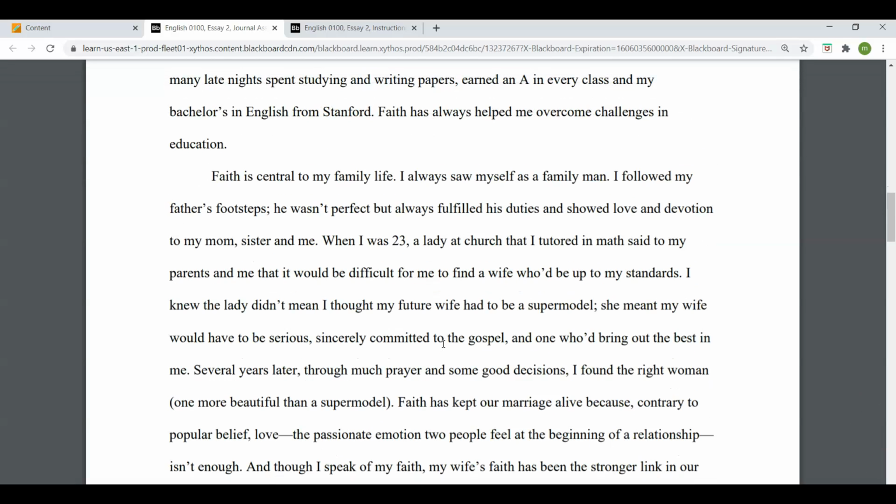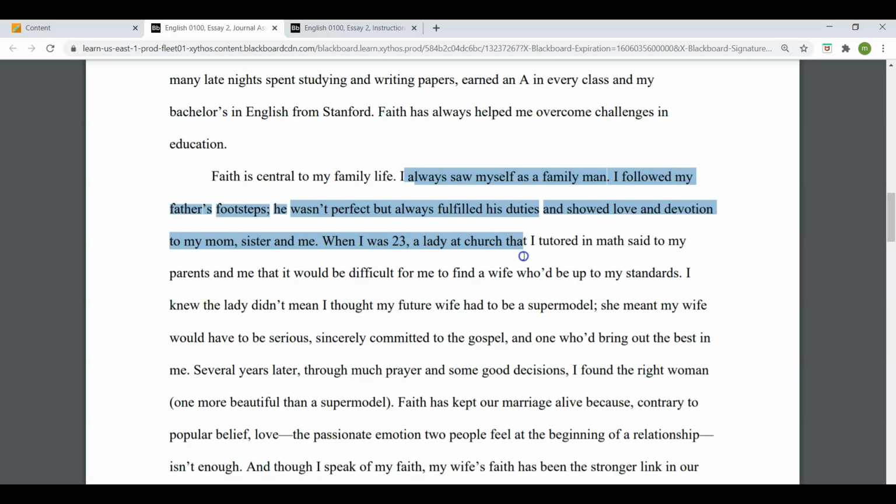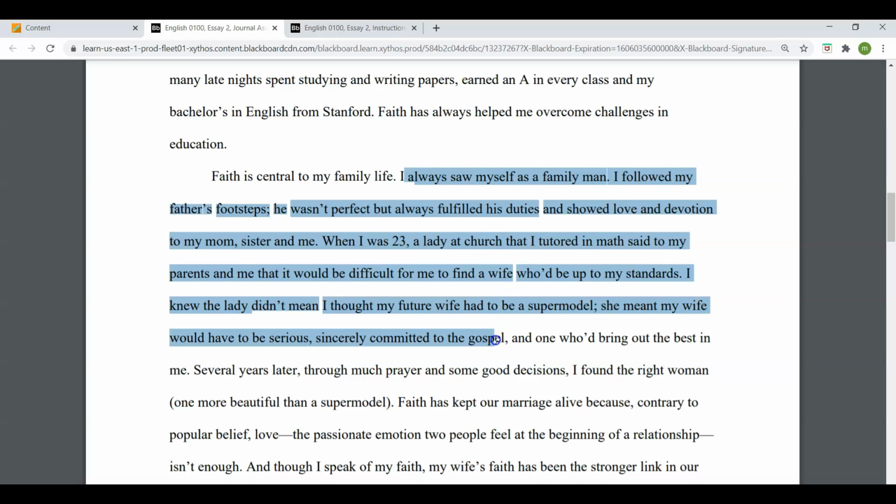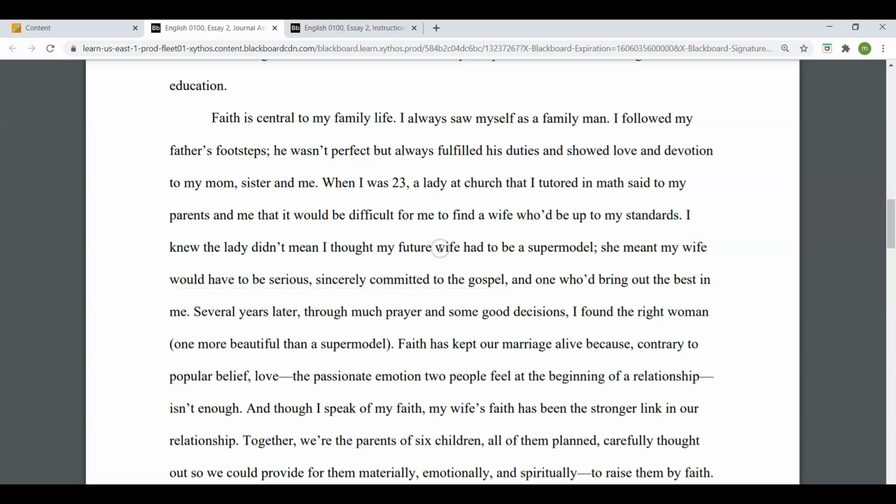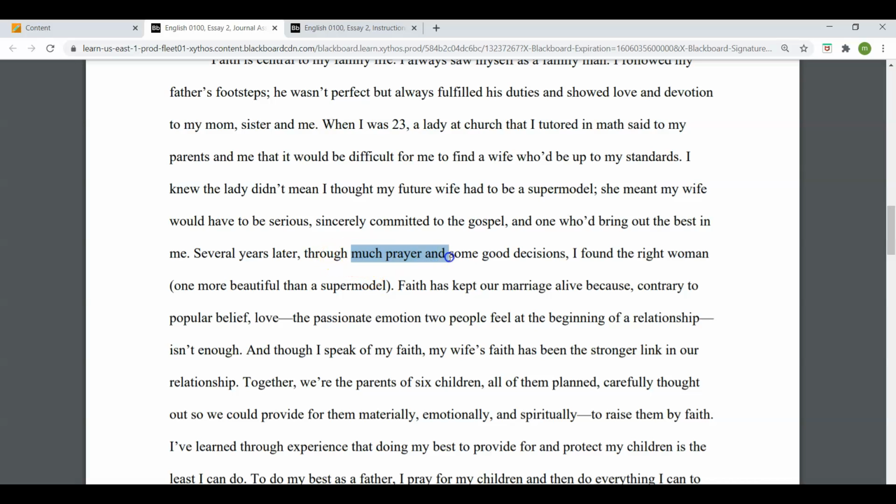In this one, similar thing, family, right? I always saw myself as a family man, following my father's example. Somebody told me it would be difficult to find a wife for me. I think it's hard for everybody, but she said it specifically about me. And then through much prayer, which is an act of faith, I found the right person.